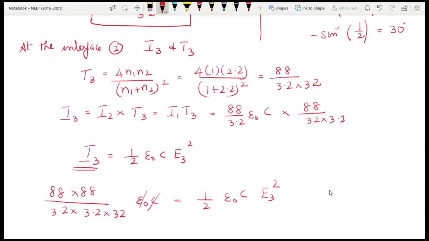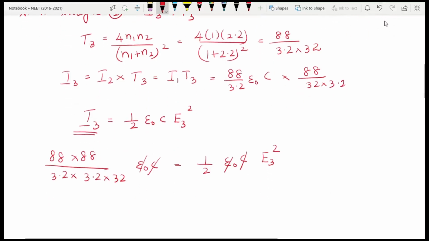So C epsilon naught will get cancelled. You will be getting 88 into 88 divided by 3.2 into 3.2 into 32 into 2, that is equal to E3 square.